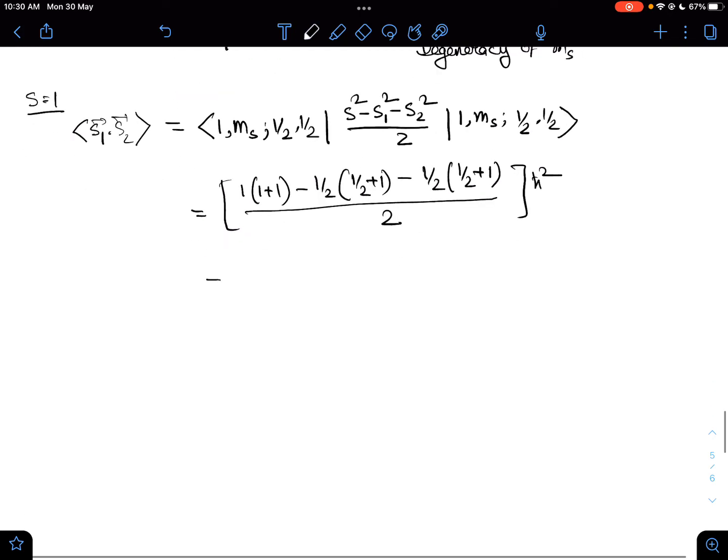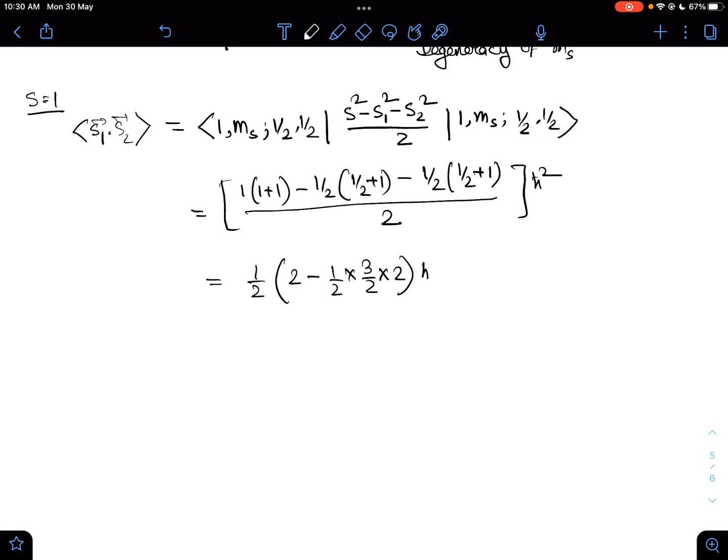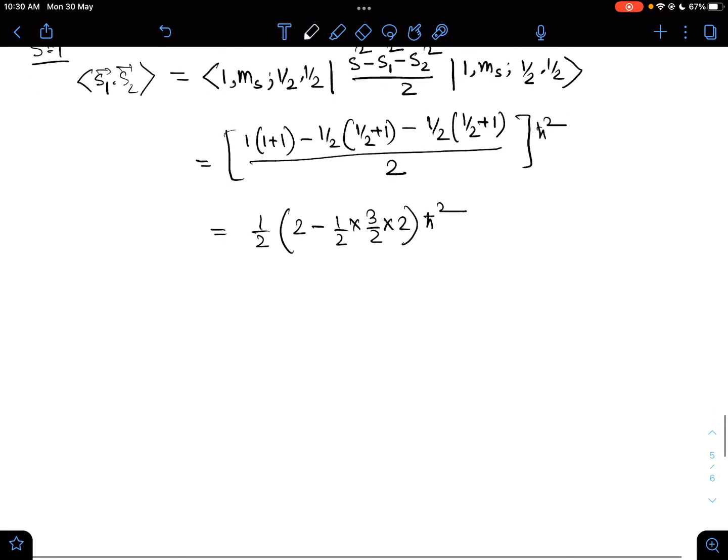So what we will get? We will get half into 2 minus half into 3 by 2 into 2. So we are getting half into half h cut square. So we have h cut square by 4.